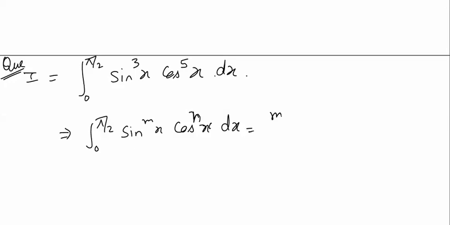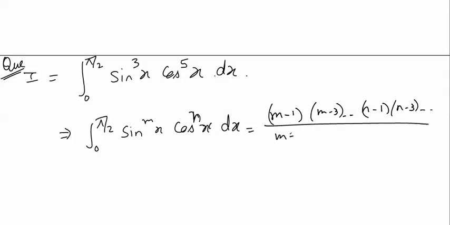So it was m minus 1 into m minus 3 and so on into n minus 1 into n minus 3 and so on, divided by m plus n into m plus n minus 2 and so on into k.